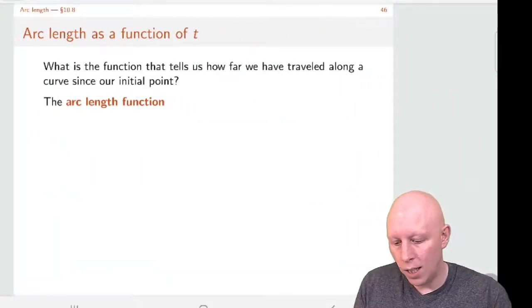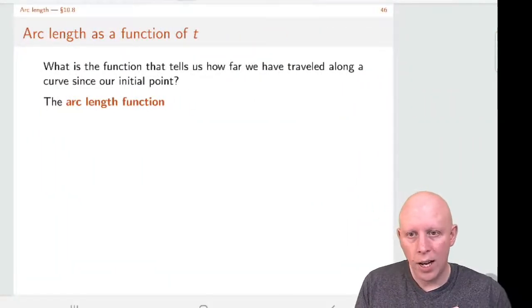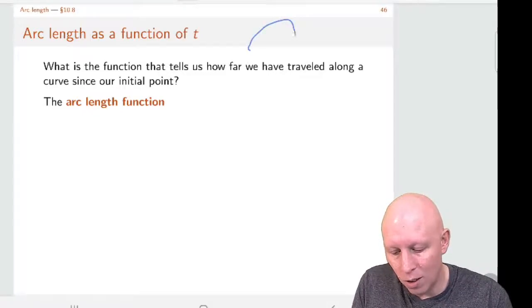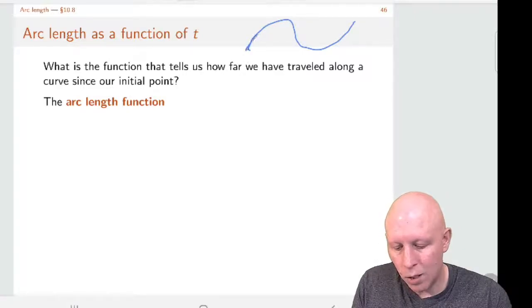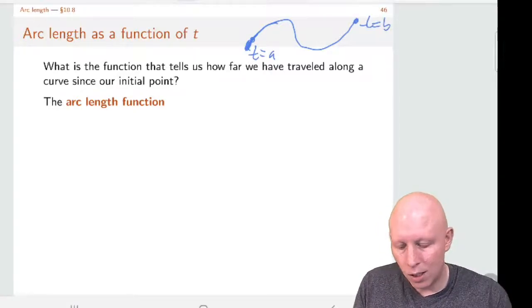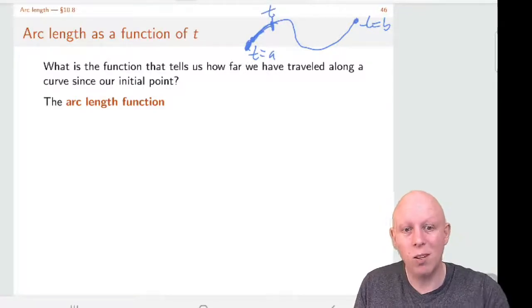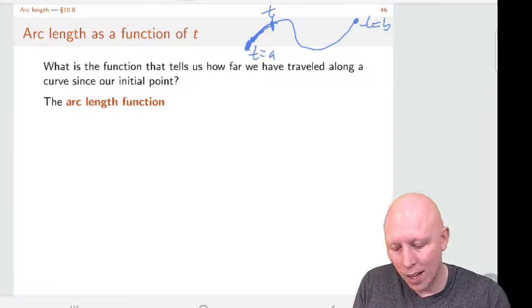So let's now shift gears and talk about traveling along a curve in either 2-space, 3-space, or n-space. We started here at time A, and we ended here at time B. Here we are after some time has passed.